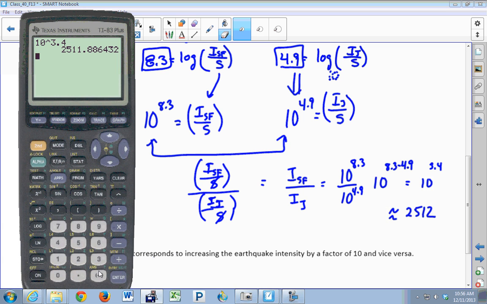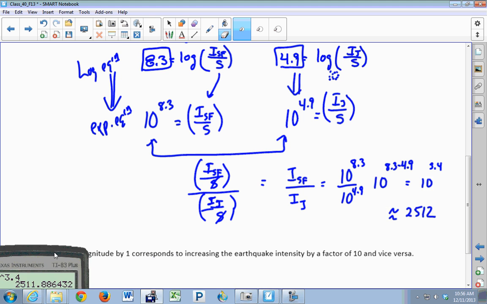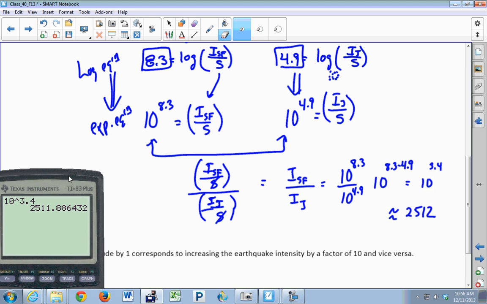Okay? So the moral of the story is, if you're trying to compare the sizes of two different earthquakes, look at how we finally ended up, what we finally ended up doing. You're not going to have to go through, and nor will you remember all this mathematics.